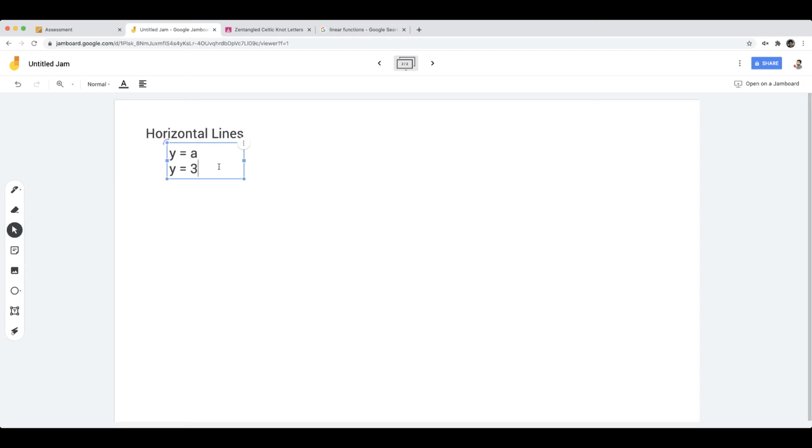Or y equals negative 2. So basically horizontal lines, remember those lines are going sideways, horizontally, left to right, flat. So if you were to graph it, they go like this. So y equals 3 would be something up here, right? Y equals negative 2 would be somewhere down here.